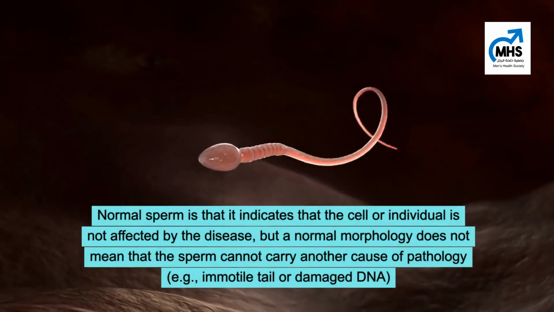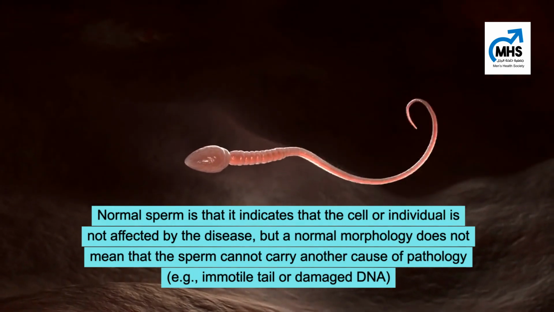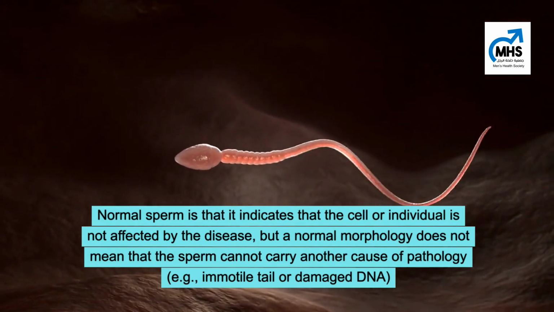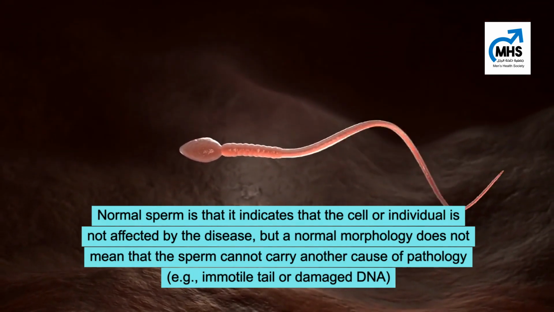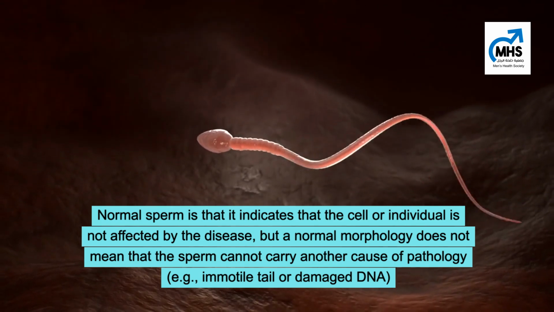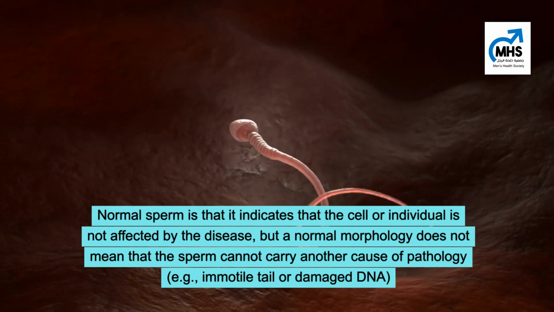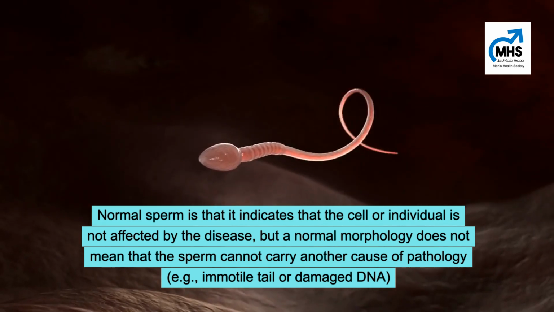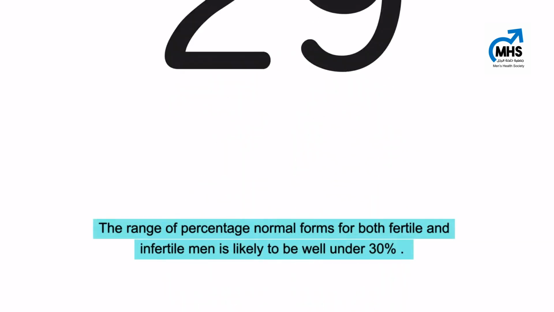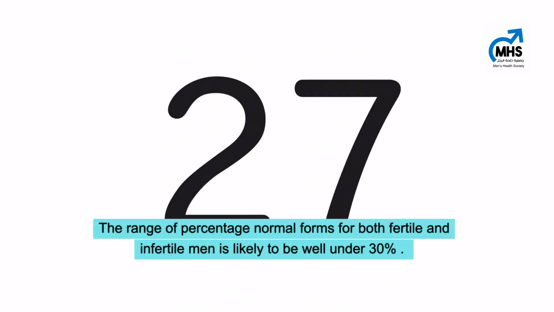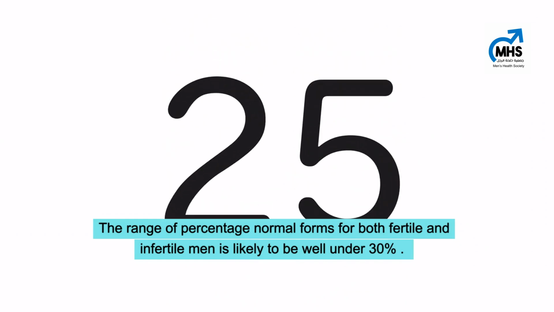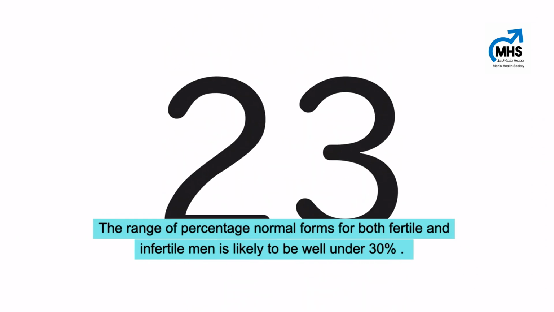Normal, as applied to a sperm, indicates that the cell or individual is not affected by disease, but a normal morphology does not mean that the sperm cannot carry another cause of pathology, e.g. immotile tail or damaged DNA. The range of percentage normal forms for both fertile and infertile men is likely to be well under 30%.